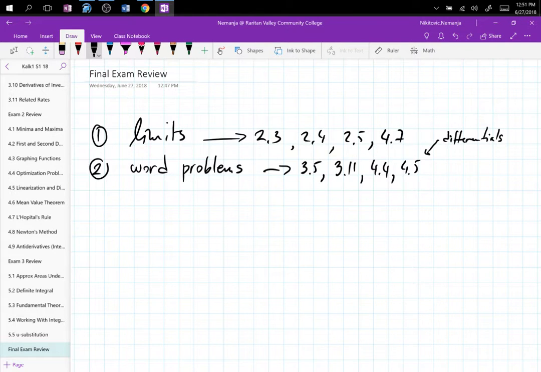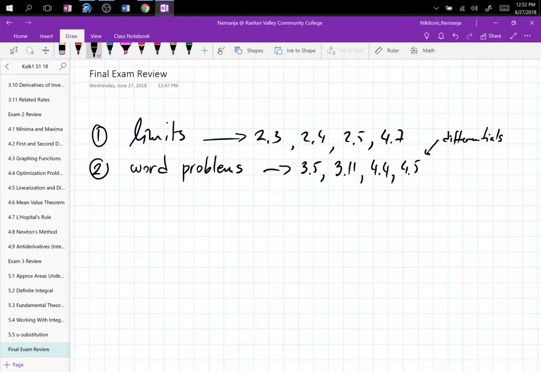I'm going to tell you that optimization problem and related rates problem is 100% on the exam. So those two word problems, let's say if your final exam will have anywhere from 12 to 15 questions, those two problems are guaranteed. And then you might have another that would be from other sections.